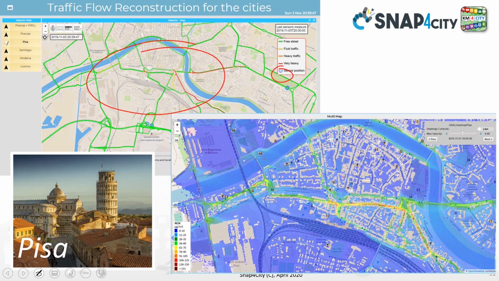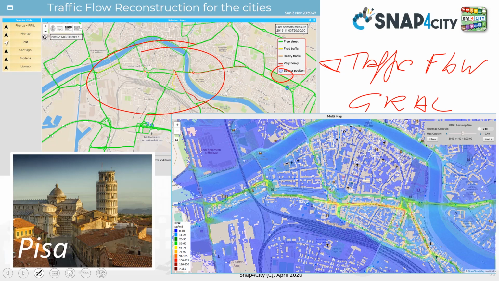And the whole traffic flow is reported above, while it's also used for estimating the model called GRAL for predicting NO2, NOx diffusion of pollutant in the city.